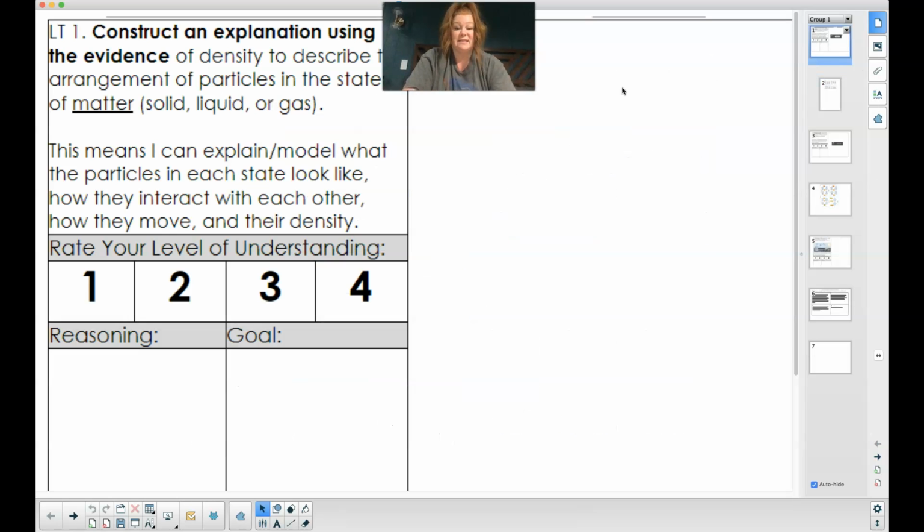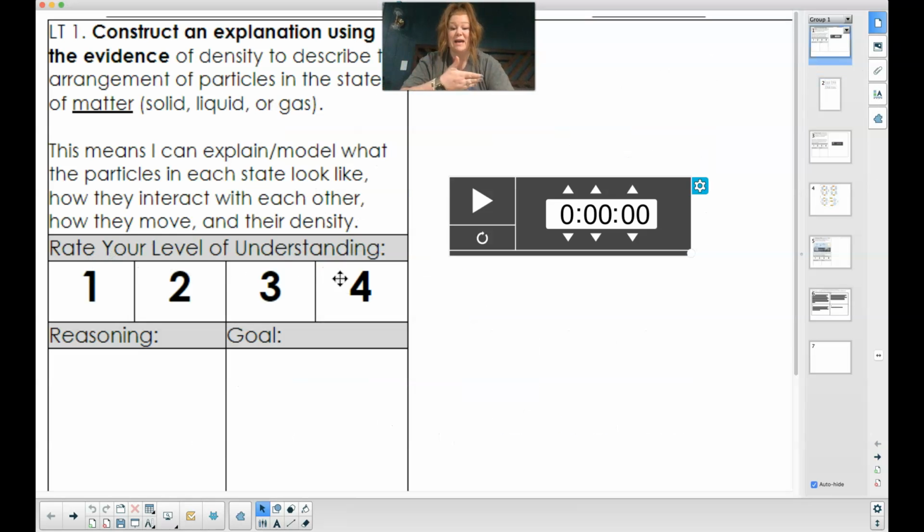So go ahead and decide which of those best represents your level of understanding. How did you communicate with me? So 1, 2, 3, 4, which one best matched you? So then reasoning, why did you give yourself that score? So what matched that you felt like that was your score? And then your goal is, what are you going to do on the test to make sure that you do your best?